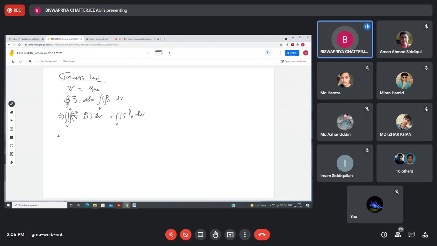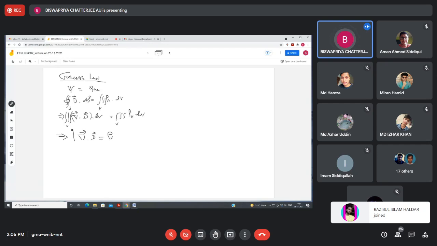So from there we can calculate del dot D is equal to rho v. We have seen these aspects and these derivations the previous day.